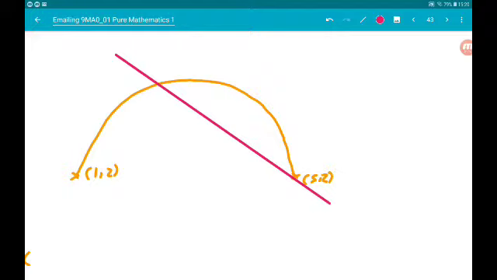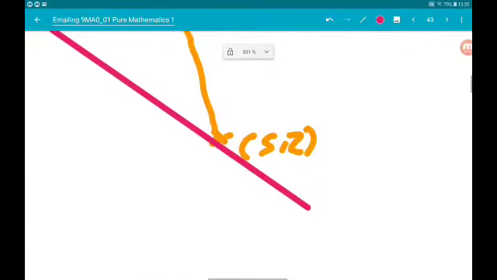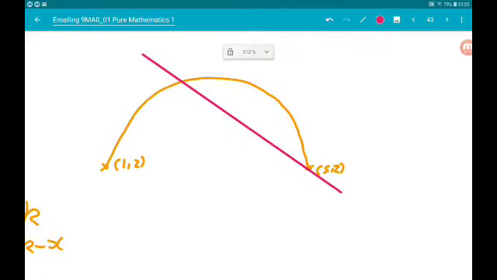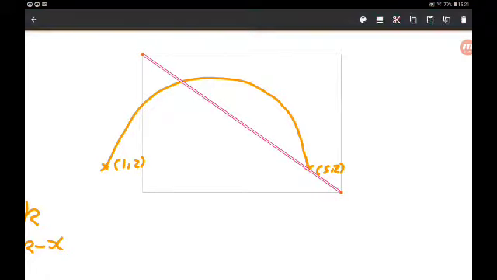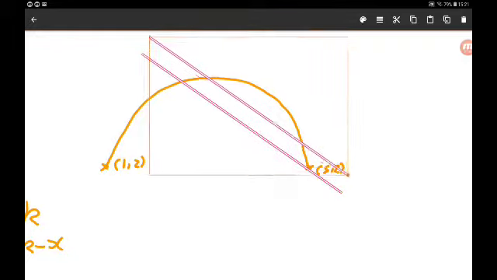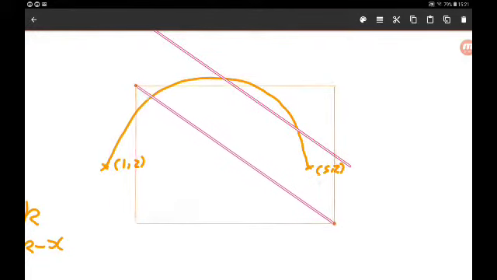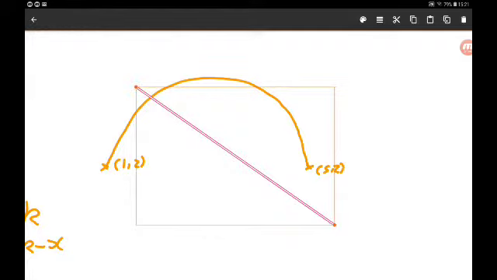Well, it's going to be here at point 5, 2. Anywhere else, and the value of k is going to be higher. So if we move up, k gets higher. If we move down, we don't have two solutions.